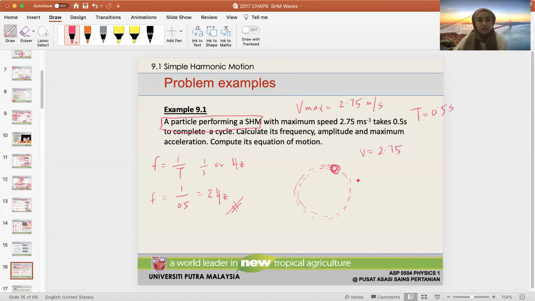What is the equation for V? What is the general equation for V? Anyone? Negative omega is sine omega. Negative A omega. No, equation, not the one that we just learned. U plus AC.